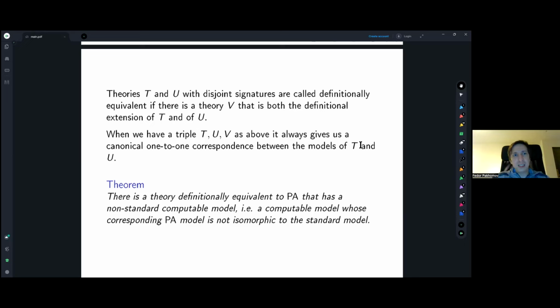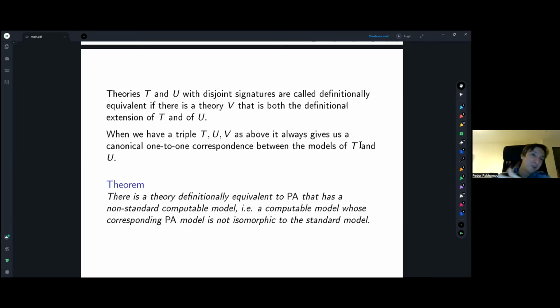A typical situation with definitional equivalence is that you just have some choice of basic functions in the signature. For example, if you're talking about linear order, you could choose as your basic notion the predicate less than, or you could choose the predicate less than or equal to.